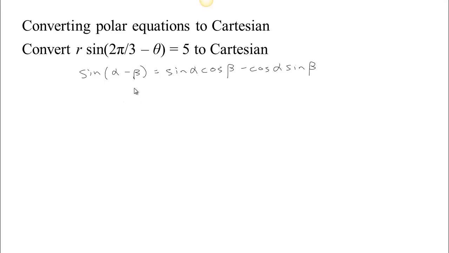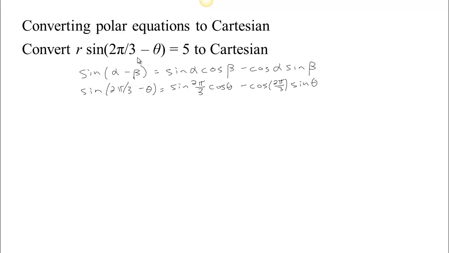And in our particular case, the sine of (2 pi thirds minus theta) becomes the sine of 2 pi thirds times the cosine of theta minus the cosine of 2 pi thirds times the sine of theta.